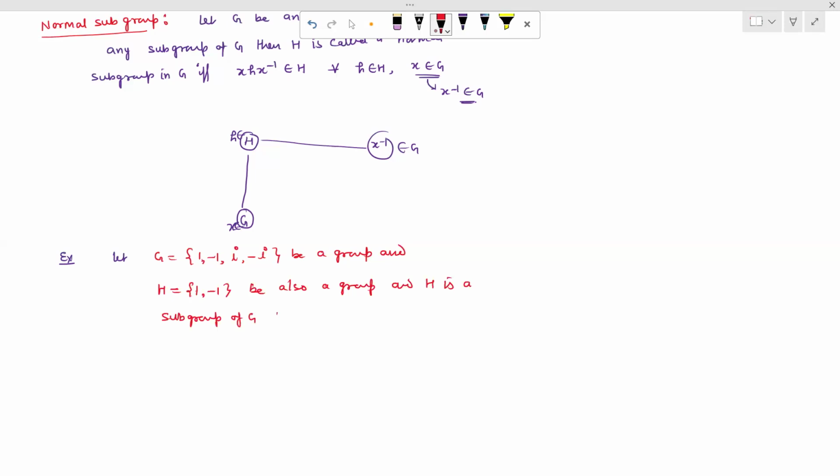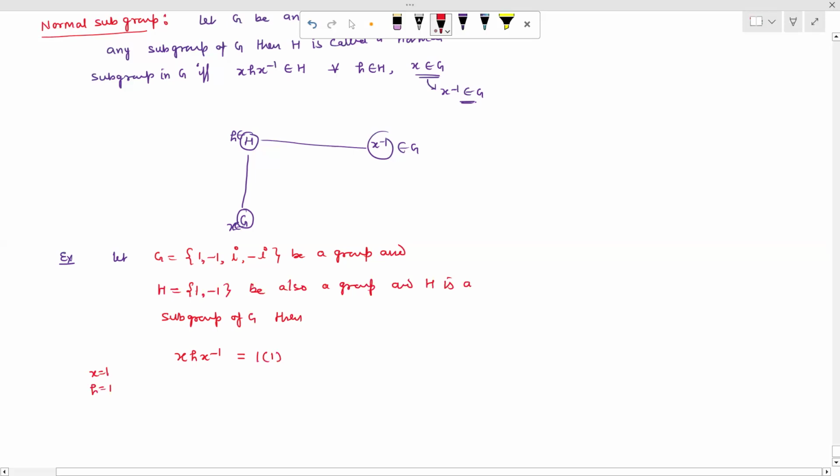Then we see x h x inverse, where x is an element of group G and h is an element of H. Now we take x equal to 1, and h we also consider as 1.